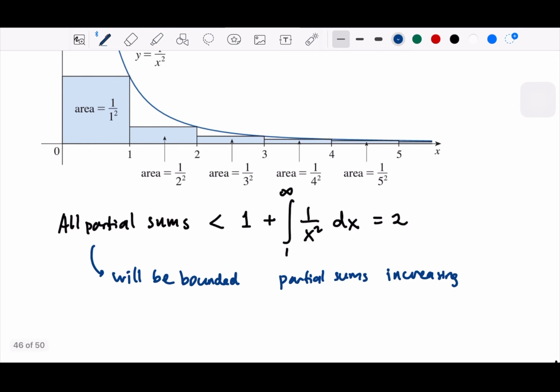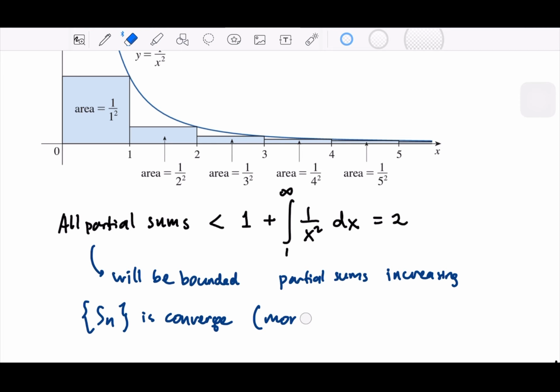And we know that the partial sums converge, if you remember the monotonic sequence. So you know that this is increasing and it's bounded, and we know that it will converge. And the series will also converge.